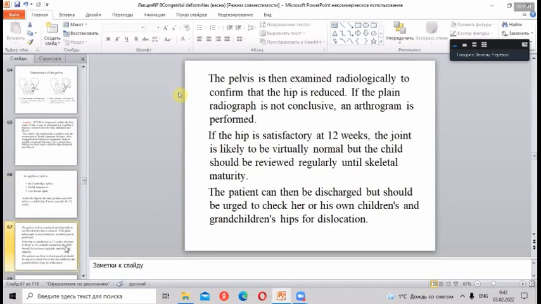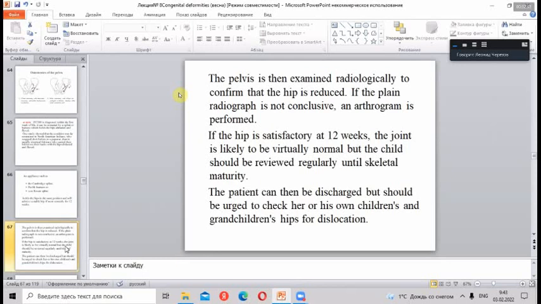The pelvis is then examined radiologically to confirm that the hip is reduced.